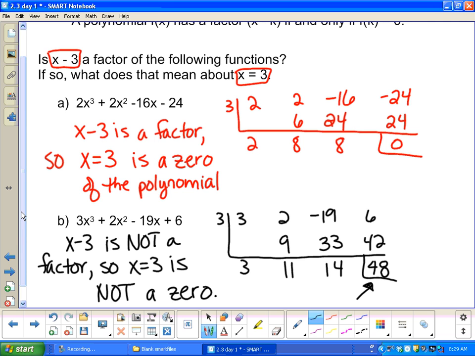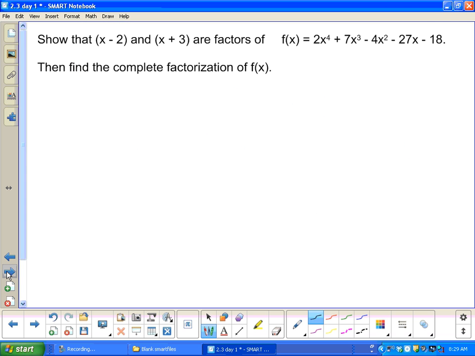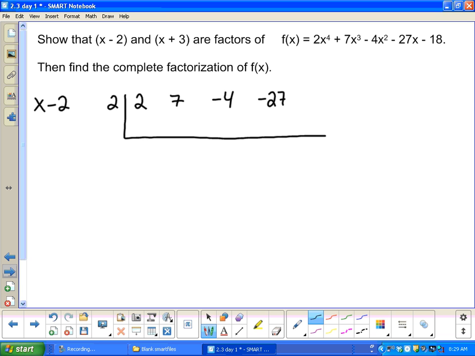Now, what I can look at with the next slide is whether more than one factor is a factor of the polynomial. So I'm going to start with x minus 2 first. That would mean I have to use 2, the 0, to see if it works. My coefficients are 2, 7, negative 4, negative 27, and negative 18.